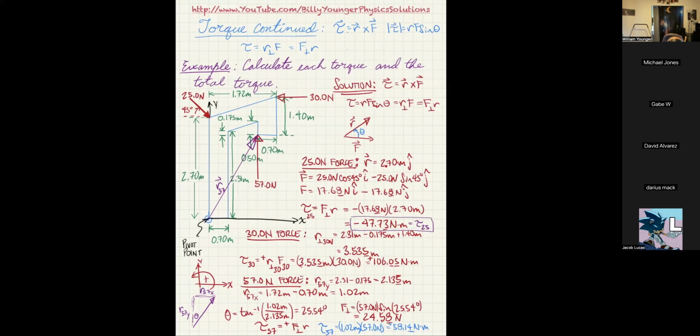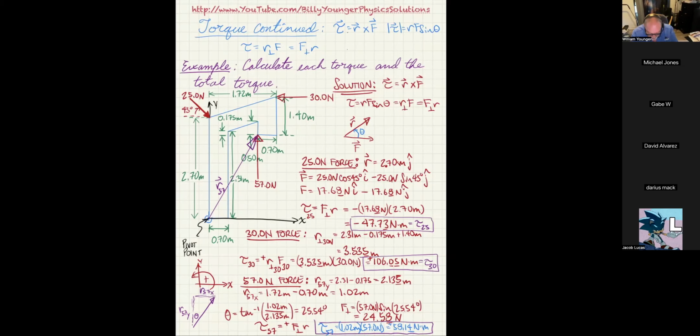I found the torque for the 30 Newton one. That's going to be this quantity. And then finally, I found that the torque for the 57 one was positive 58.14, like that. So we got that.